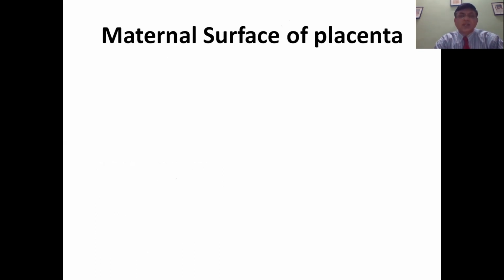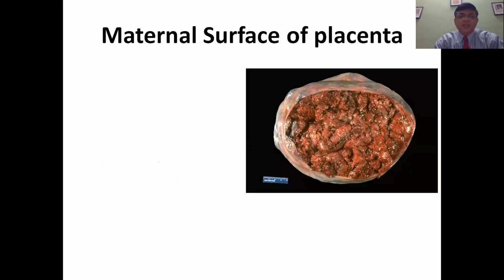Let's have a look at the maternal surface of the placenta. The maternal surface, as you can see in this figure, looks very shaggy, dark brown in color, and it has cotyledons which are separated by deep grooves.